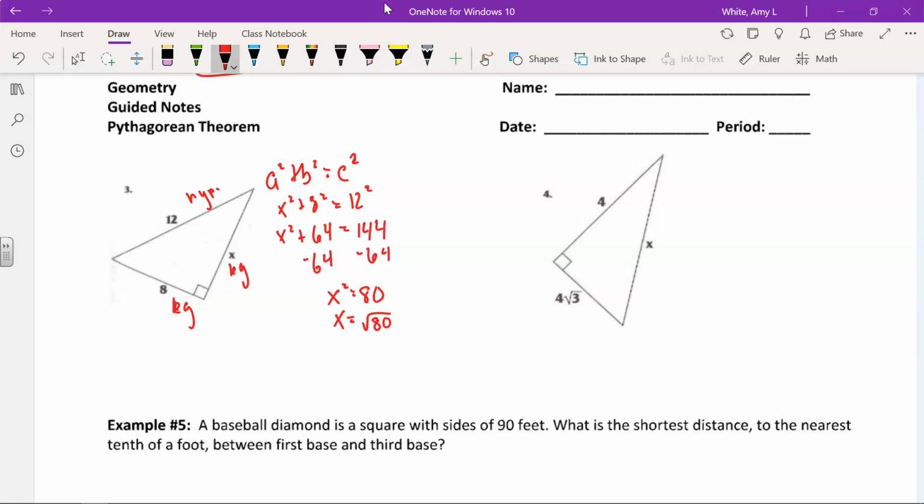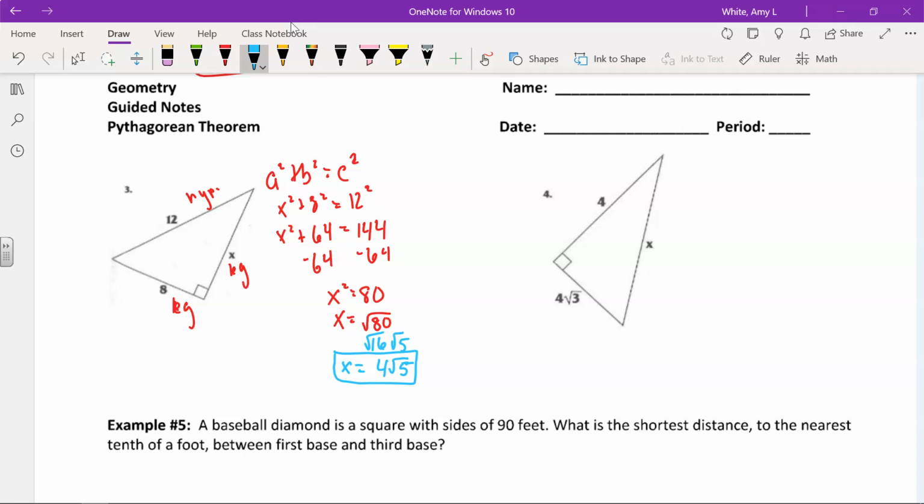Like before, we will simplify this. So the square root of 80, remember we're looking for a perfect square that goes into 80, which would be 16 and 5. So we would get 4 square root of 5 as our final answer.